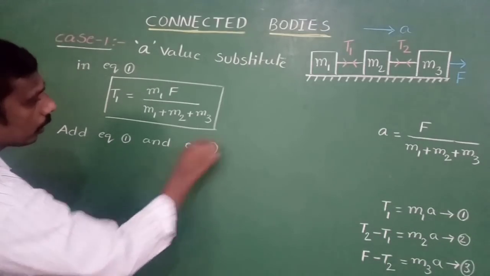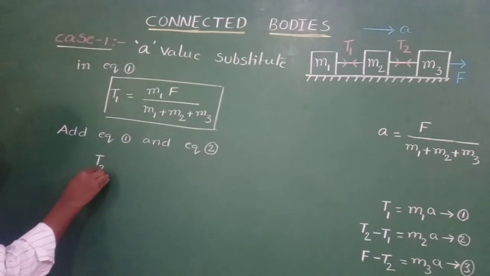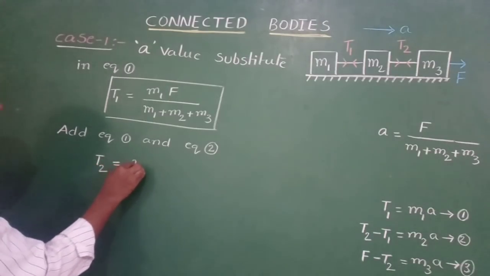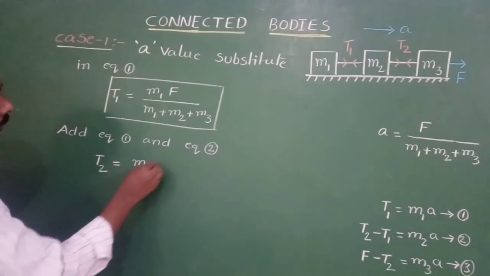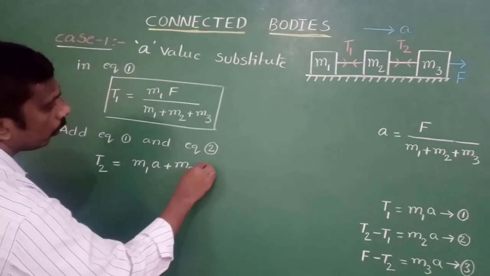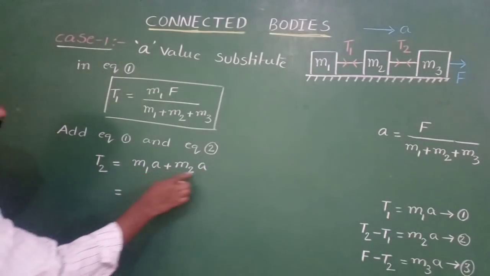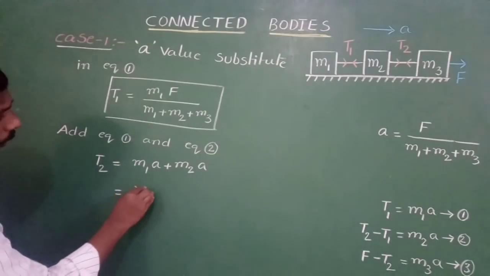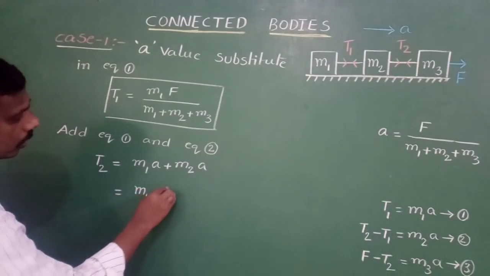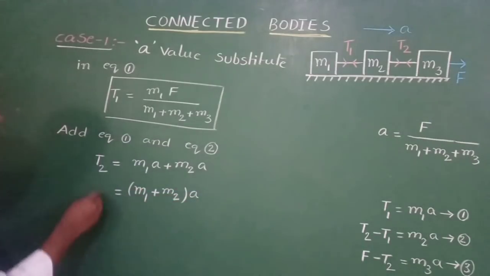After adding equation 1 and equation 2, we get T2 is equal to M1 into A plus M2 into A. From this, take A common, then we get M1 plus M2 into A. We know the A value.